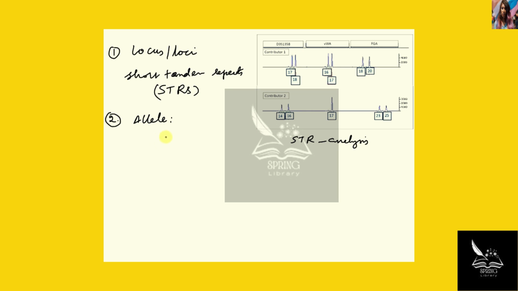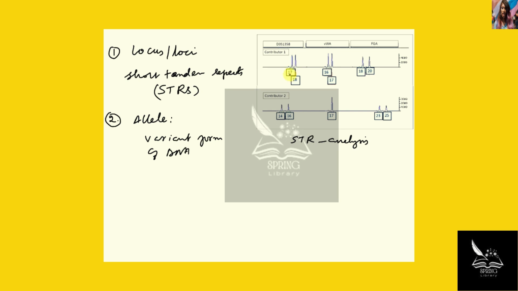The second term here is the allele. As we know, an allele represents the variant form of DNA that occurs at a specific locus on a chromosome, and in the STR analysis chart, the alleles are represented by the numbers in the columns under each suspect.